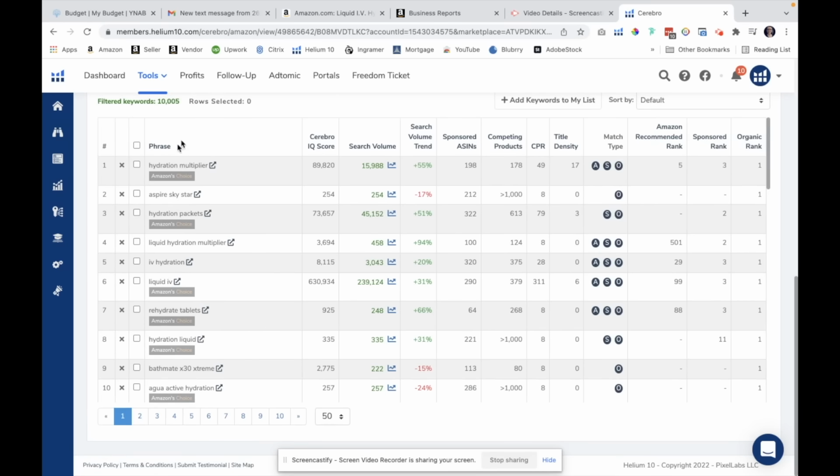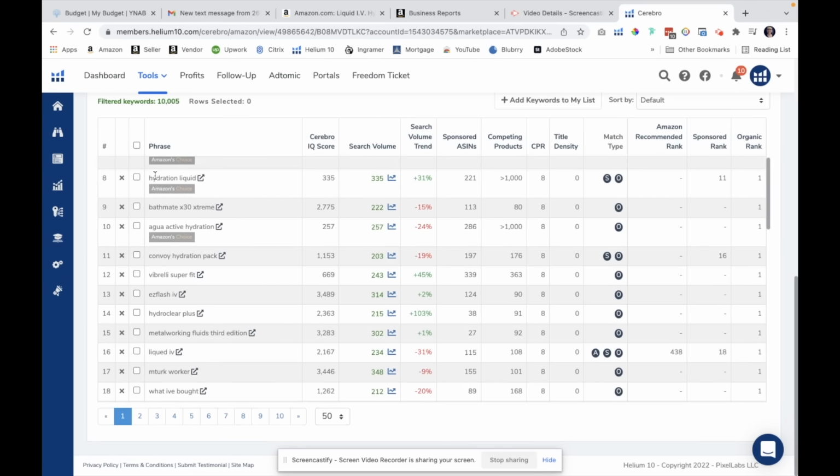And what they are ranking for is going to tell me a lot about what they convert for. So I don't really need to look at their PPC to know that they convert well for hydration multiplier. I think that's their word. So that's almost a branded keyword. Hydration liquid.